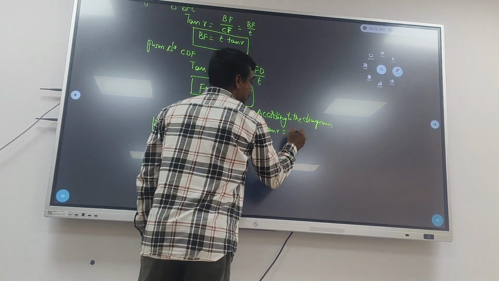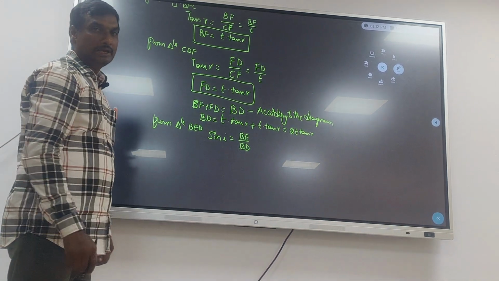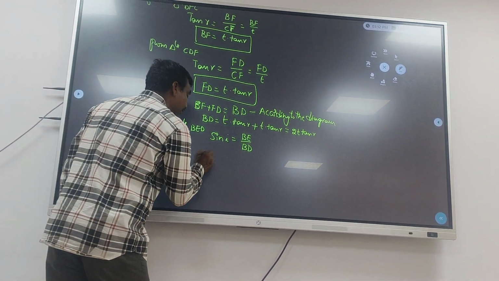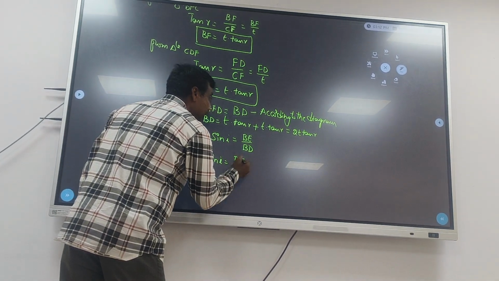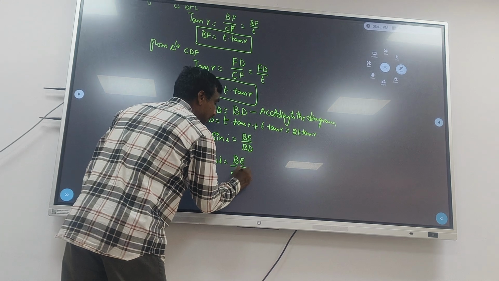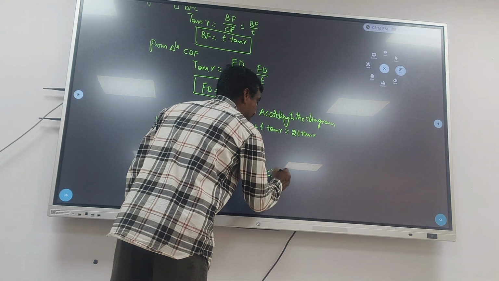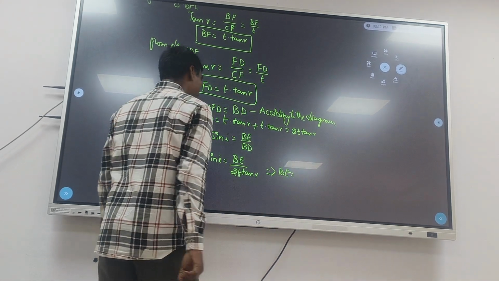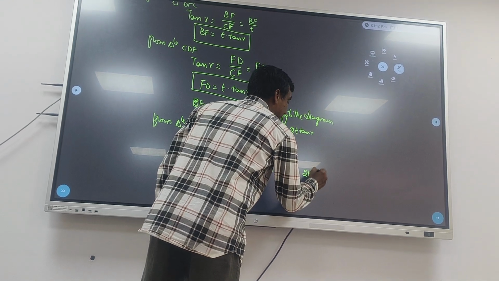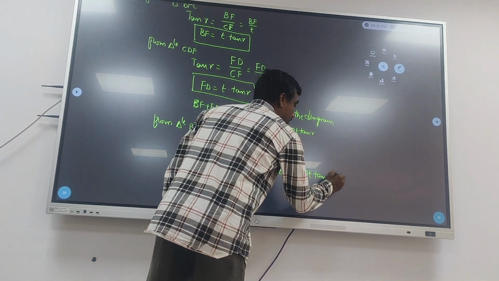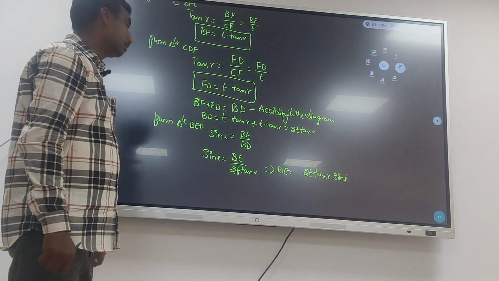So this is equals to 2t tan r. So from this, sin i value is equals to BE by BD, that is BE by 2t tan r. So BE value is equals to 2t tan r into sin i.